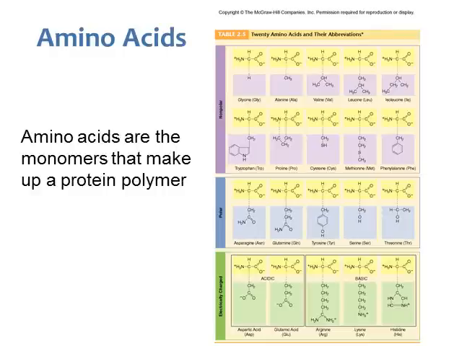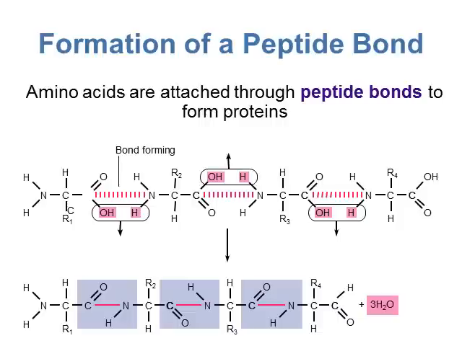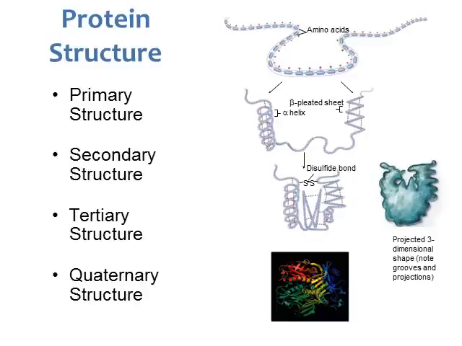We're going to hook these amino acids together to make our protein. This is how we form the peptide bond. You take 2 amino acids, they bond together through a peptide bond, and then you just keep on adding more amino acids to the chain, and this is going to eventually form into your protein.